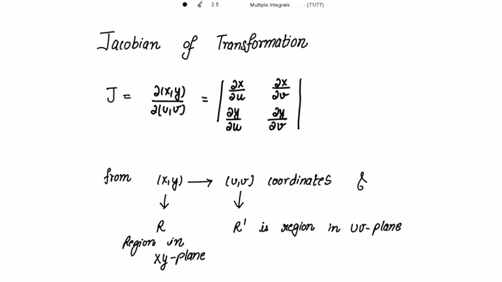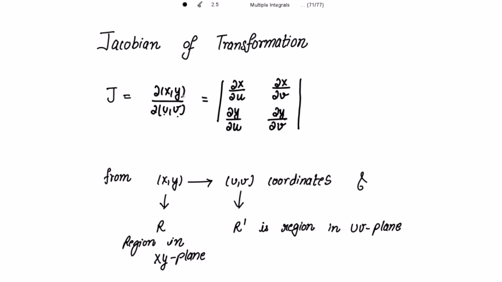This J is curly x, y over curly u, v, which means this is equal to the determinant of, so first differentiating this x with respect to u and then differentiating this x with respect to v. So curly x over curly u and curly x over curly v.